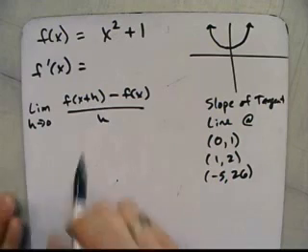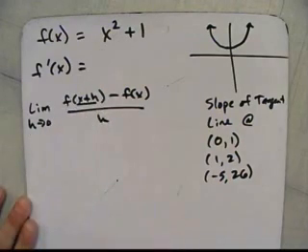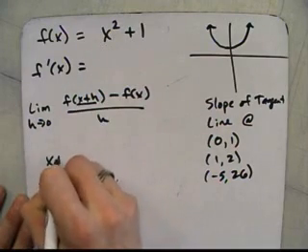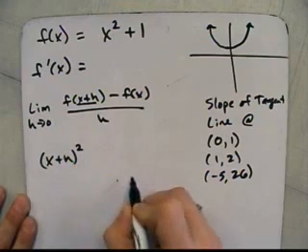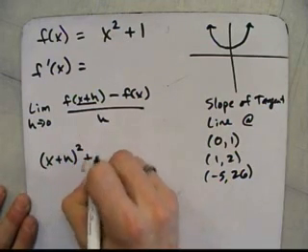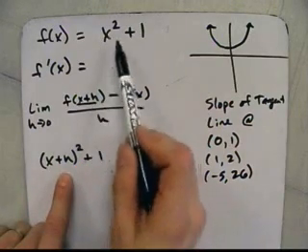All right, so let's go ahead and plug it in. We've got f of x plus h, so I'm going to plug in x plus h for my x. It's going to give me x plus h squared plus 1, minus f of x. That's the x plus h plugged in. So I literally just plug x plus h into this function right here.